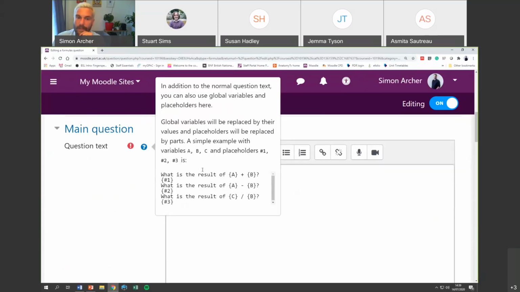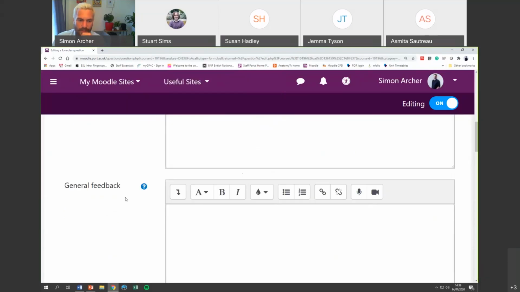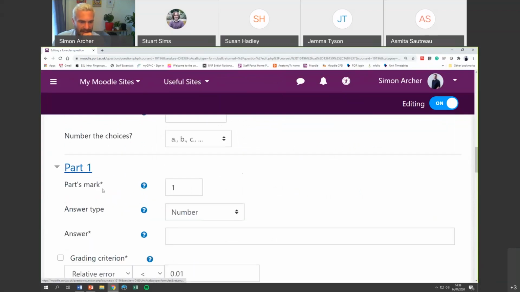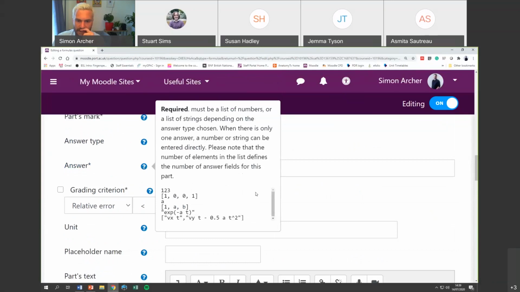This just gives you some examples of what you can do within the main question. I think Stuart, you asked about the rounding in this part here. This gives you some examples of what you can do within the actual answer box. I personally just go for answer, because you can actually put the equation of the answer into the box, but I put it inside my variables at the top because I've written them in a Word document.